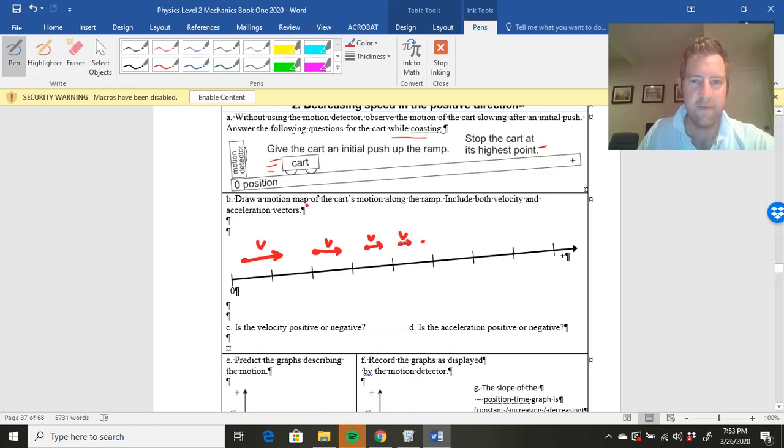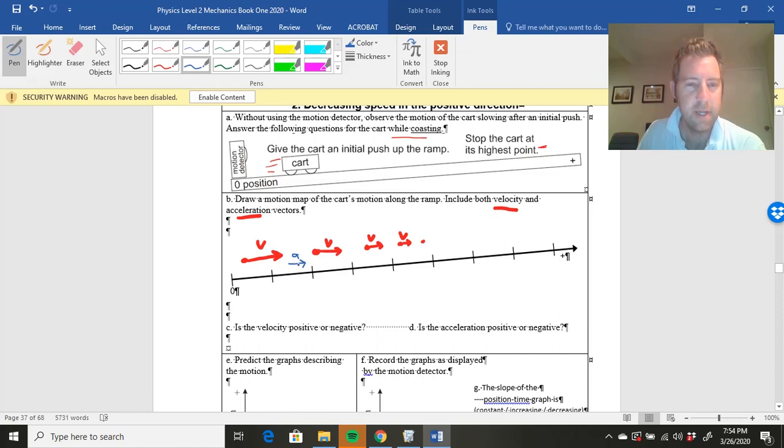The next thing I do, I have to make sure I include both my velocity and acceleration vectors. Vectors, remember, just means arrow. So let's change color. I always do my acceleration arrows between two velocity arrows, and it's the difference. So if I was to, for example, put an acceleration arrow like this, it would mean that the velocity is here.